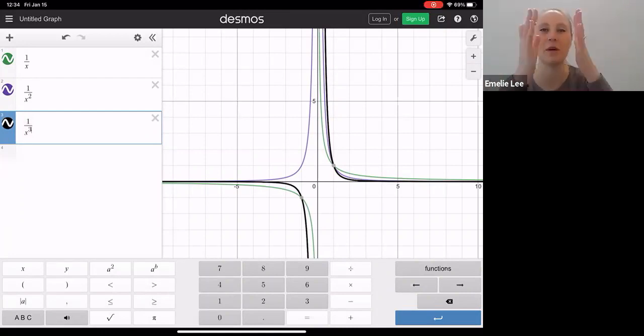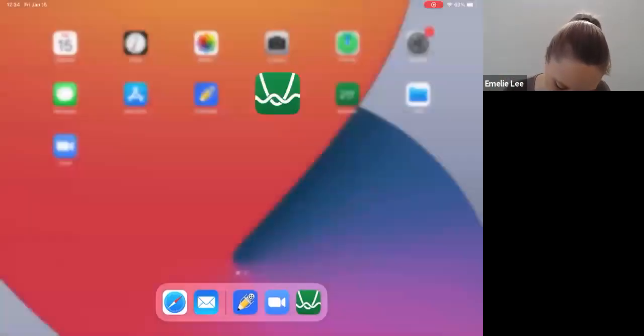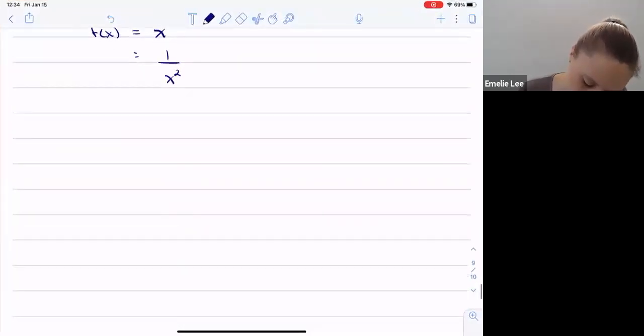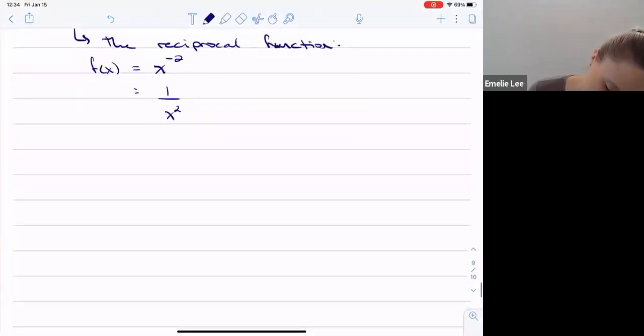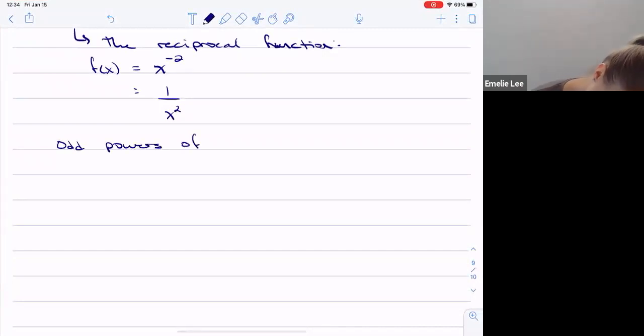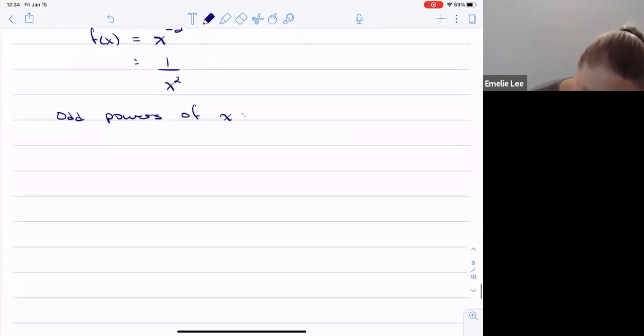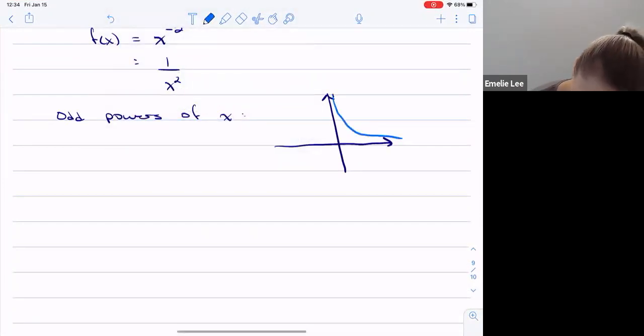Whereas if you have even powers, then they go up together. So let's say, so the odd powers of x kind of in general have this shape, and I'll use a different color.